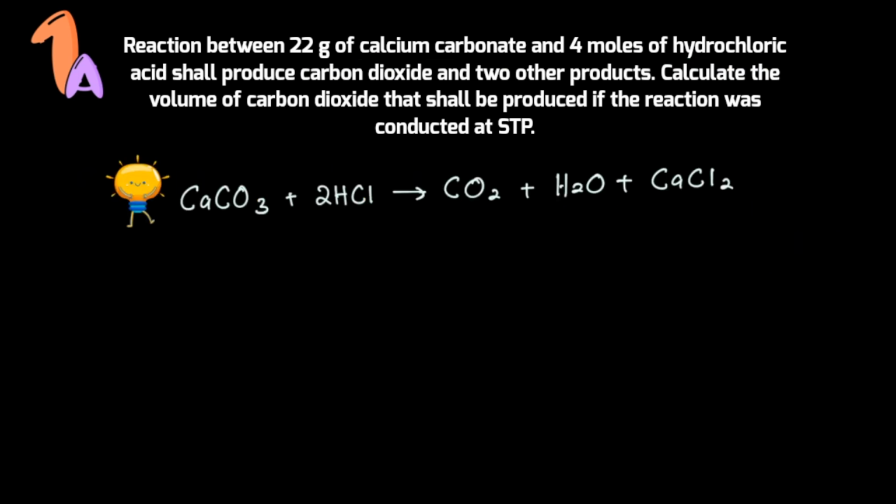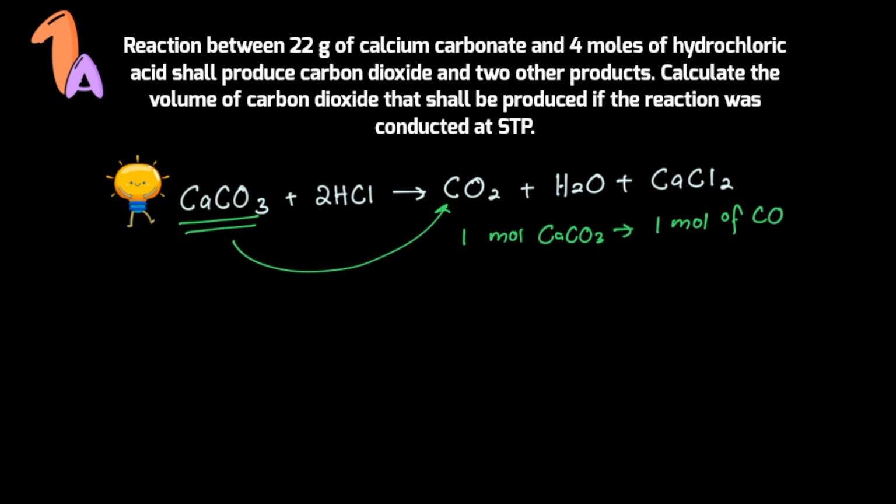Since we already decided that the calcium carbonate is the limiting reagent, this shall dominate whatever amount of carbon dioxide that shall be produced. So in saying that, 1 mole of calcium carbonate shall produce 1 mole of CO2.